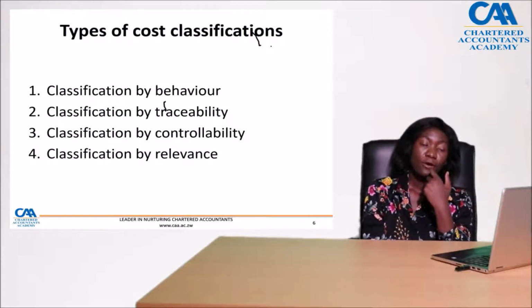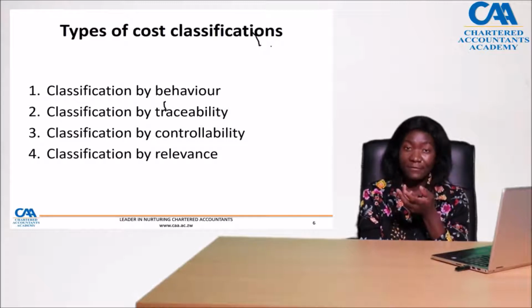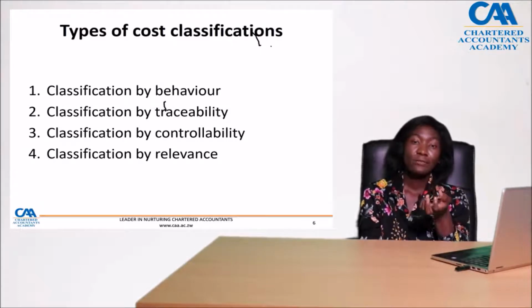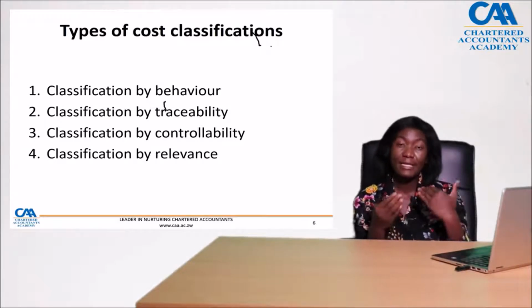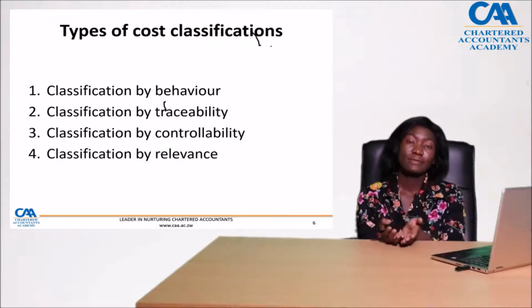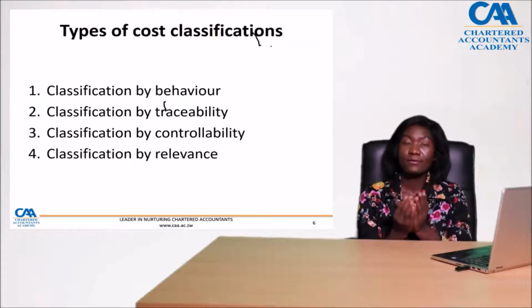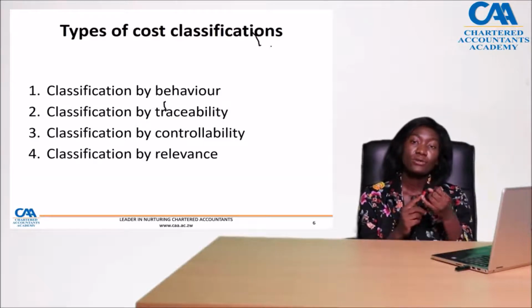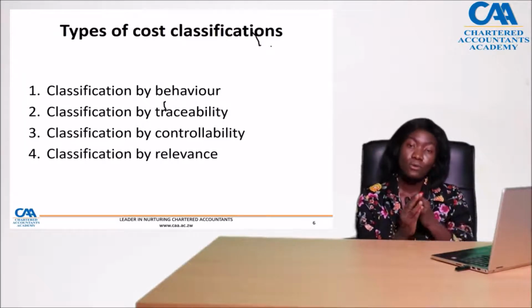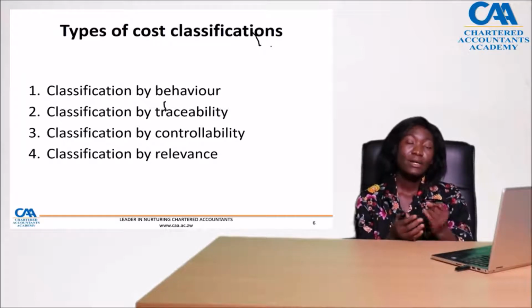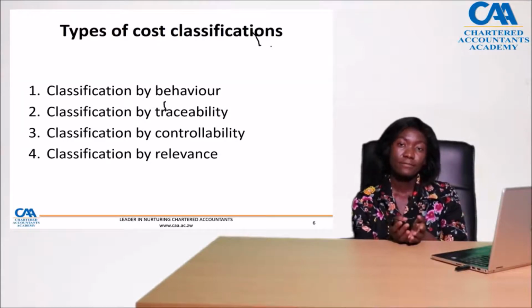Just moving on, we have classification by relevance, meaning what? We have relevant and irrelevant costs. In this classification of relevant and irrelevant costs, now comes your sunk cost and your opportunity cost. So what is a sunk cost?